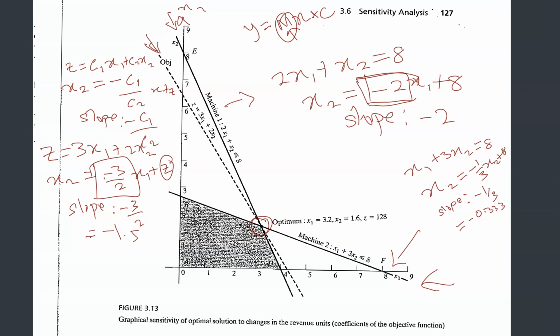Look at the graph. The slope is between constraint 1 and constraint 2.